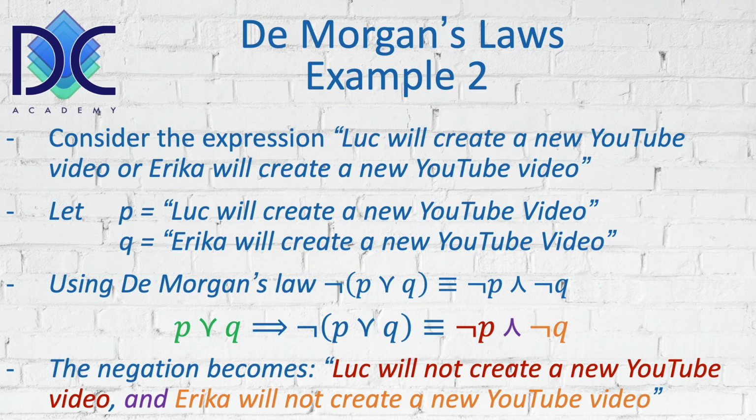Basically, we find that the negation becomes: Luc will not create a new YouTube video, and Erica will not create a new YouTube video.